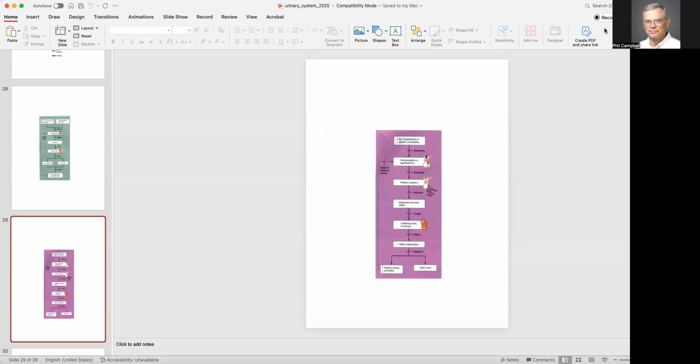Now, the next thing, I introduced this hormone in the endocrine portion as being released from the posterior pituitary. It's ADH, antidiuretic hormone. All right. So it's produced by the hypothalamus, released from the posterior pituitary. What it does, it goes to those collecting ducts where it promotes the reabsorption of water.